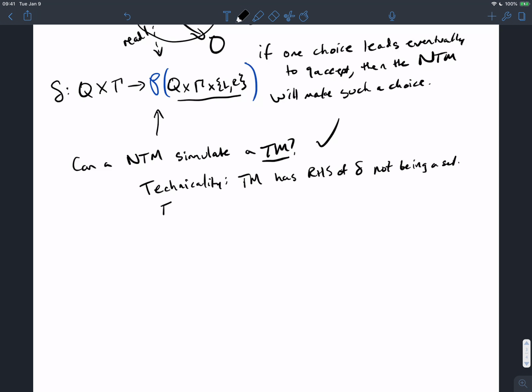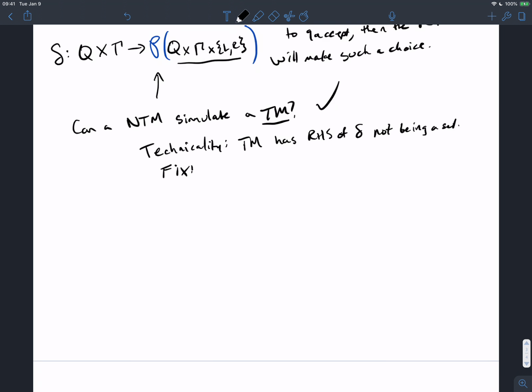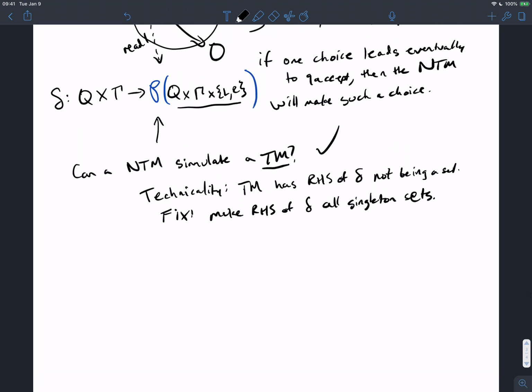The way to fix this so that it fits the definition of a non-deterministic machine is to make the right-hand side of delta all singleton sets. Then it fits the definition of the non-deterministic machine's transition function.